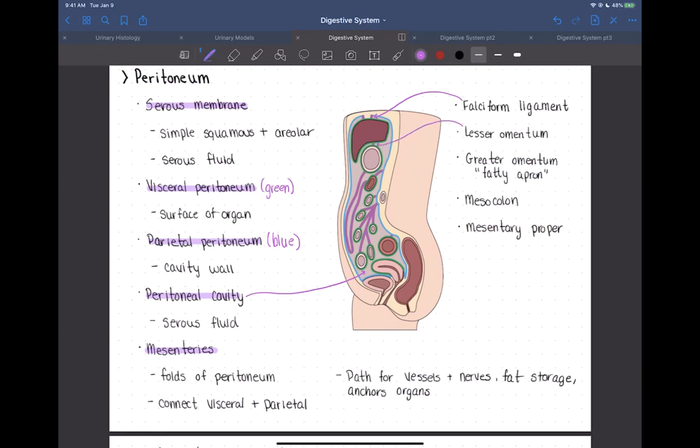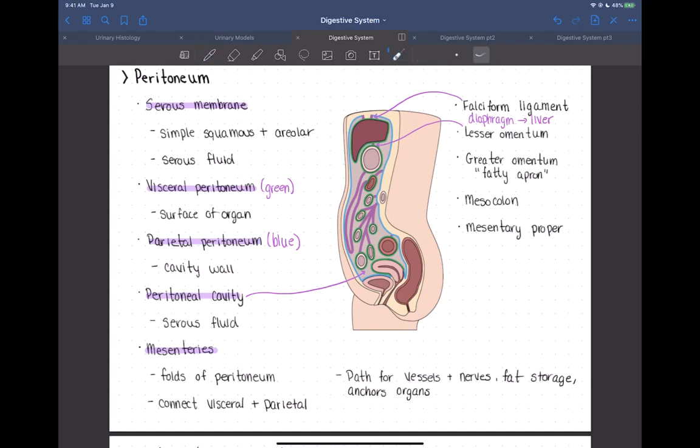The lesser omentum is going to connect the liver to the stomach below. I'll actually write that because this is a different view than you're used to seeing for the body. We're looking at more of a mid-sagittal section. So for falciform, it's the diaphragm to the liver.